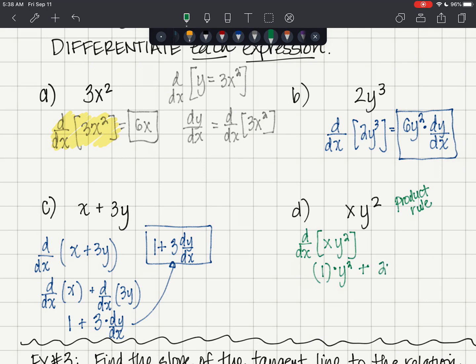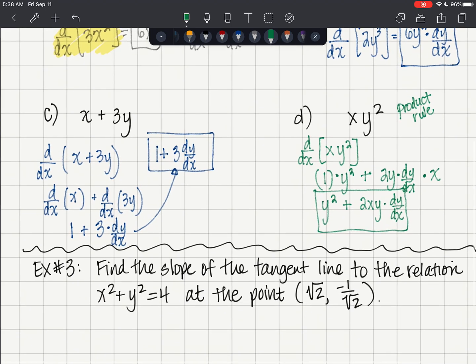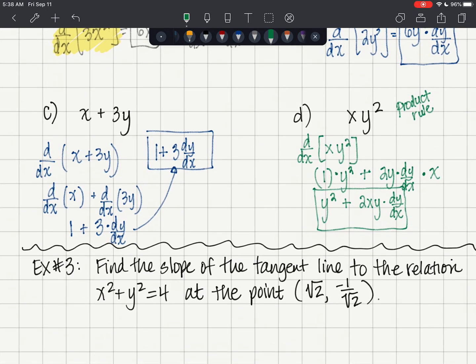So the derivative of y squared is 2y times dy/dx, times the derivative of the first, which is x. So the first term is y squared. The second term is 2xy dy/dx. And that is implicit differentiation.